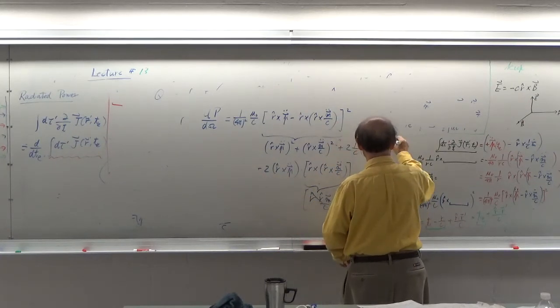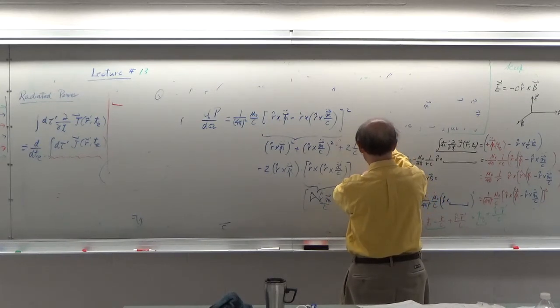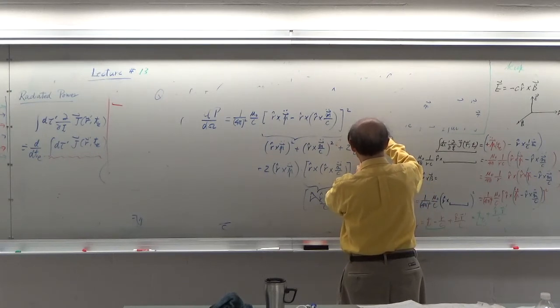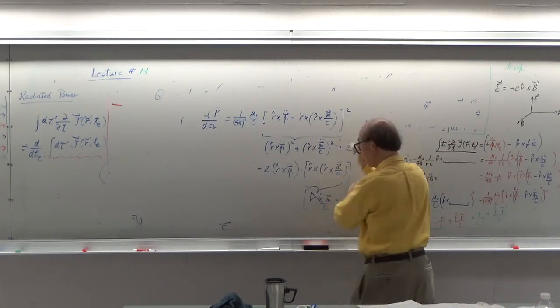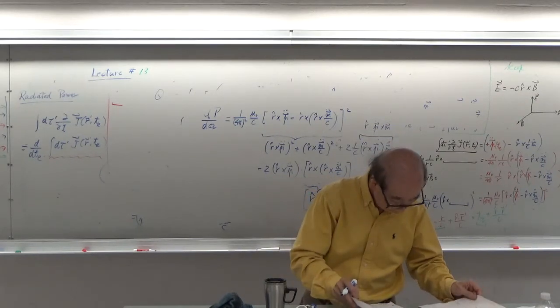And this I can write as, let's see. Let me see how do I do this. This double dot goes to m double dot. So that I can write this as r hat dot p cross m, if I'm not mistaken, in quickly doing the algebra.